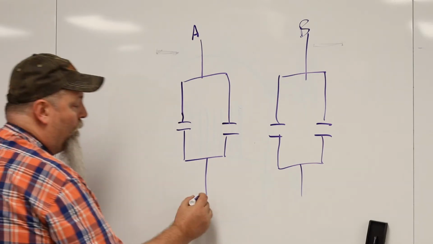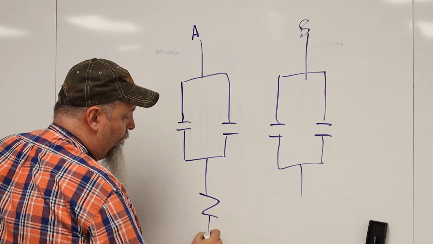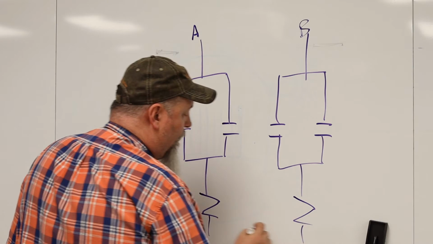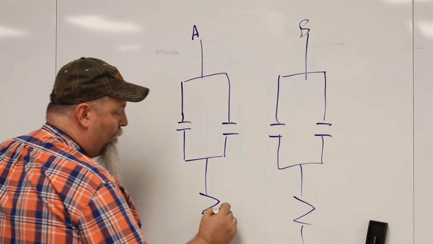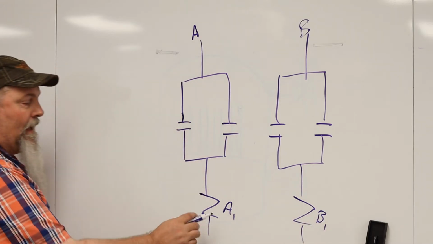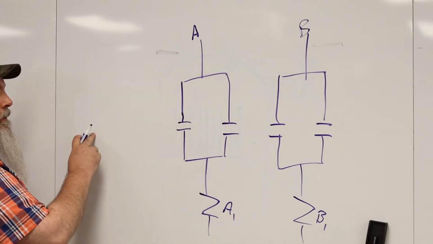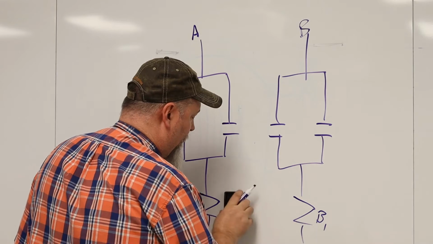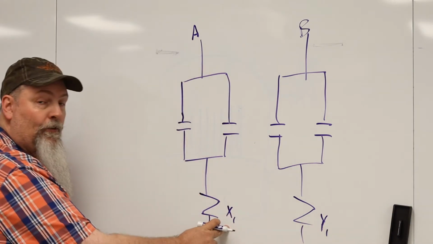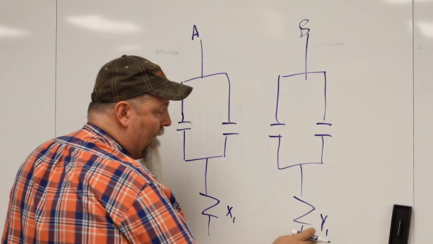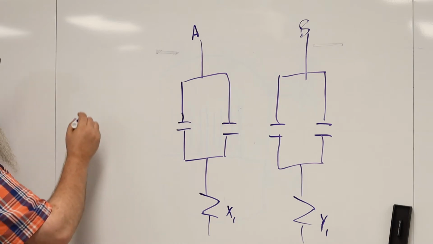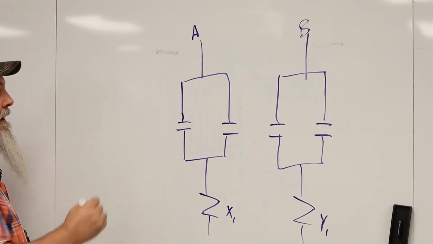So that signal is sent via a relay. So this relay here, we'll call it alpha 1, and this one Bravo 1. Actually, we'll call it the X-ray 1 relay and the Yankee 1 relay. They send a signal to make something happen.